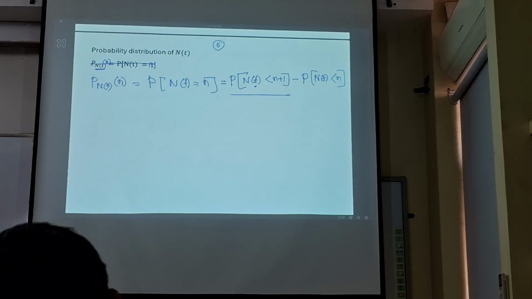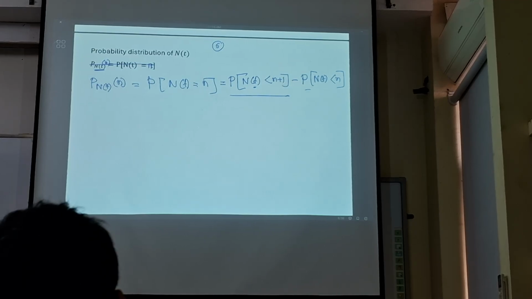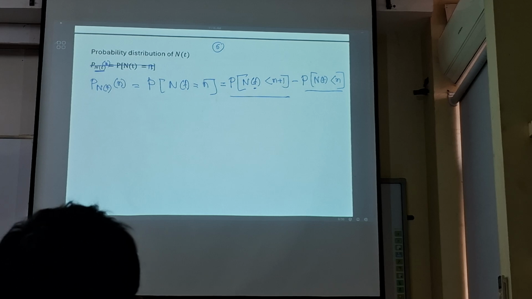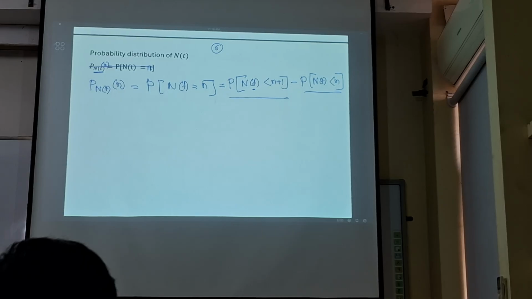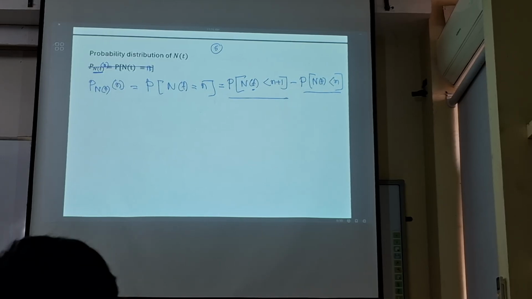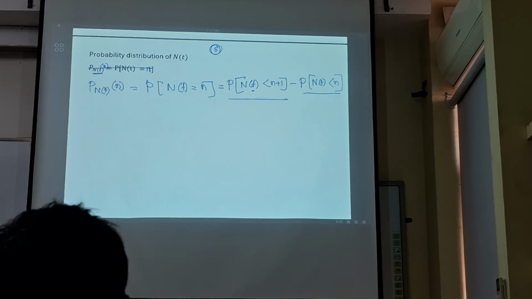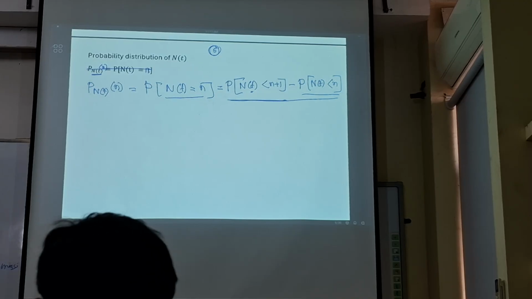So by time t, 0 to 5 events occur. And the second one says by time t, 0 to 4 events occur. If you subtract this, then what is remaining? By time t, 5 events occur. So this probability that N(t) equals n can be written in this way.